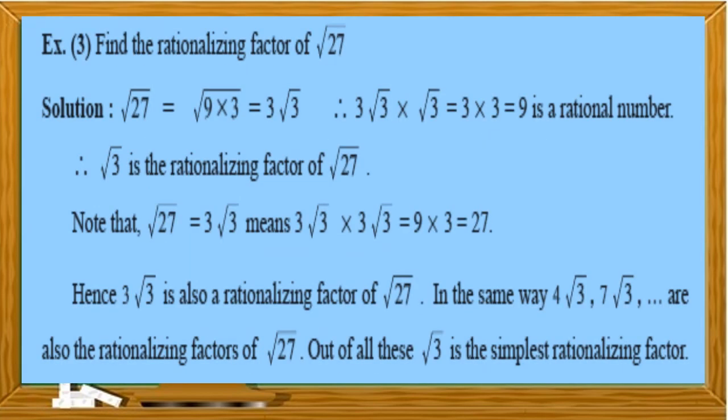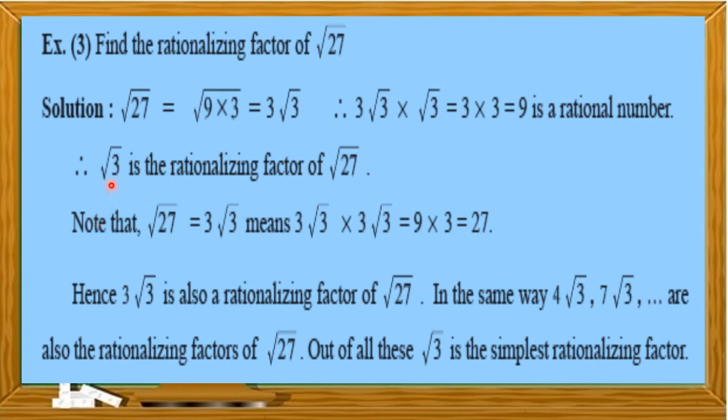Now we will see some examples on rationalization. Example, find the rationalizing factor of root 27. Solution, root 27 is equal to root 9 into 3 is equal to 3 root 3. First, we have simplified this root 27 into 3 root 3. Therefore, 3 root 3 into root 3 is equal to 3 into 3 is equal to 9, a rational number.